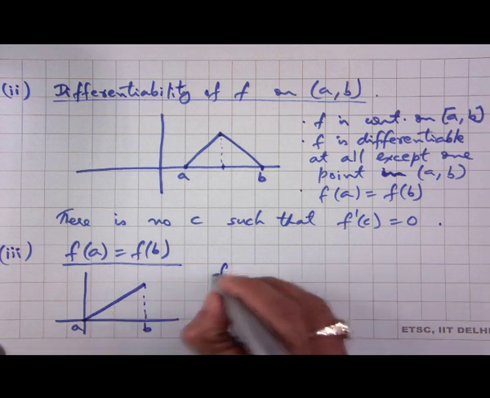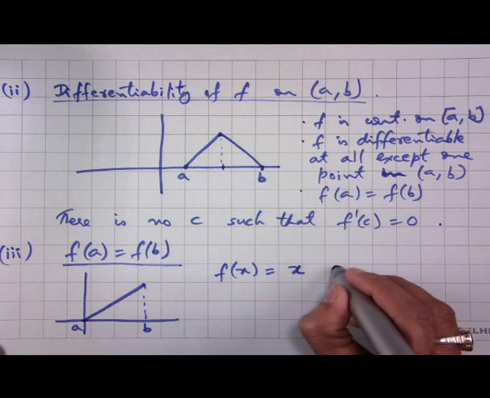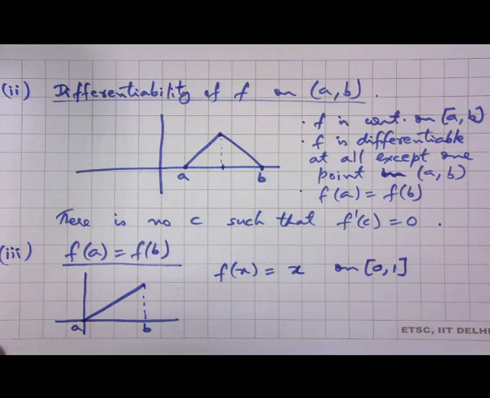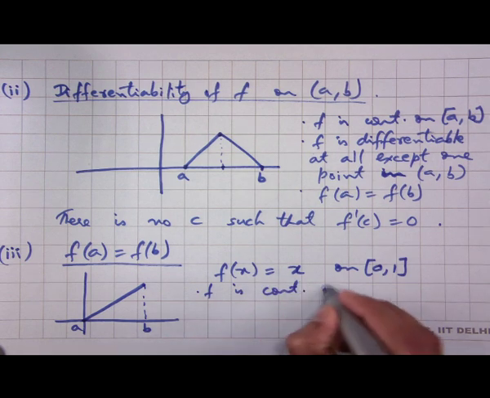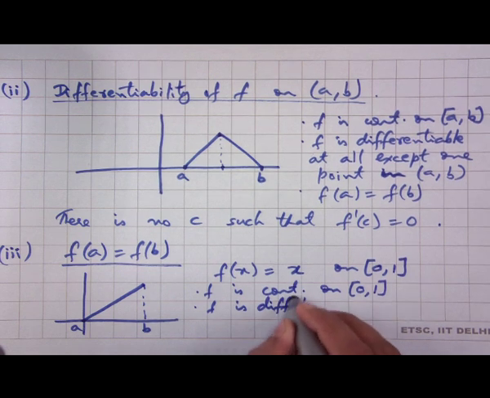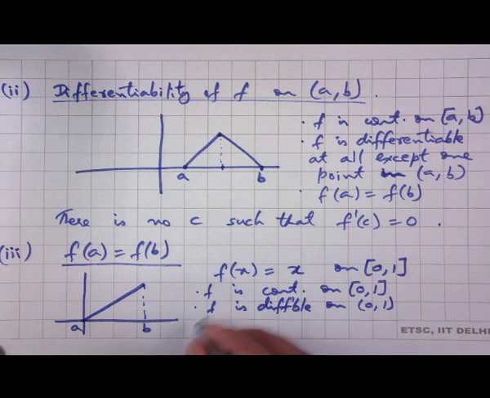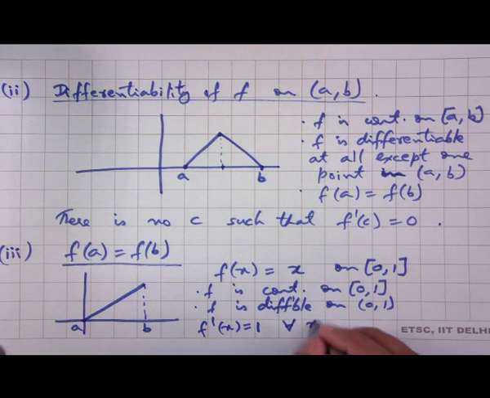If I write f of x equal to x on the closed interval [0, 1], then f is continuous on [0, 1], f is differentiable on the open interval (0, 1), and f prime of x is equal to 1 for all x in the interval.